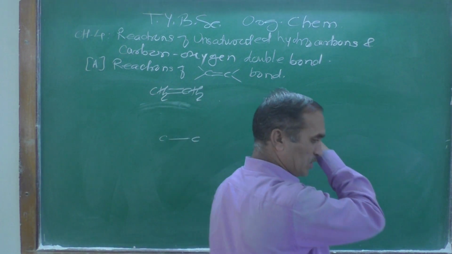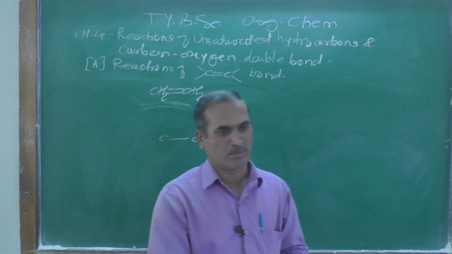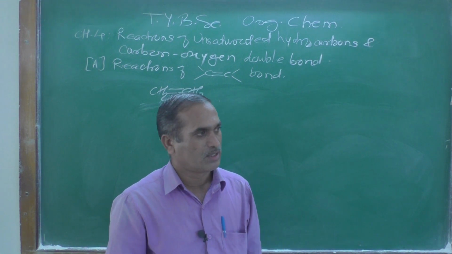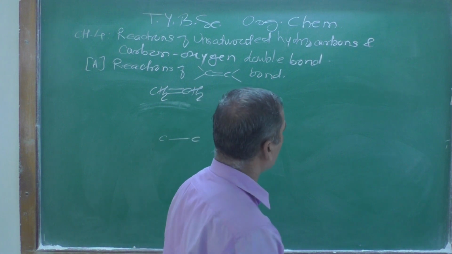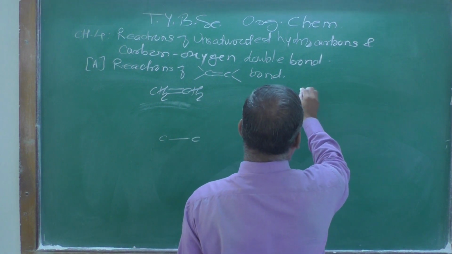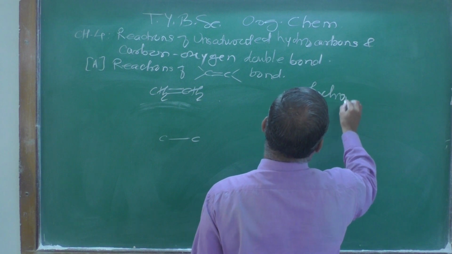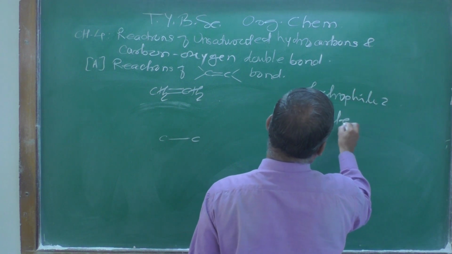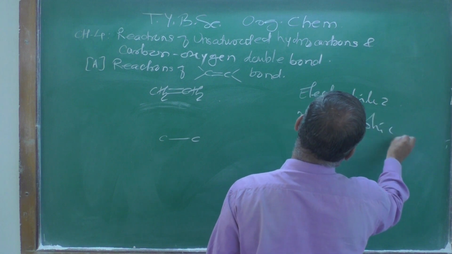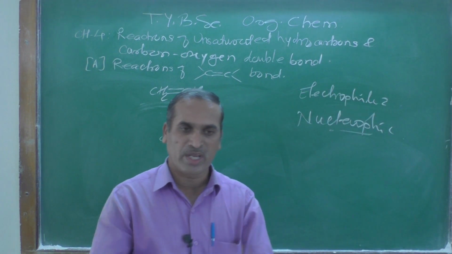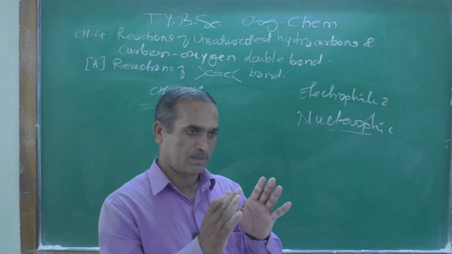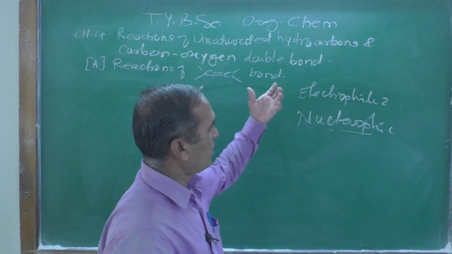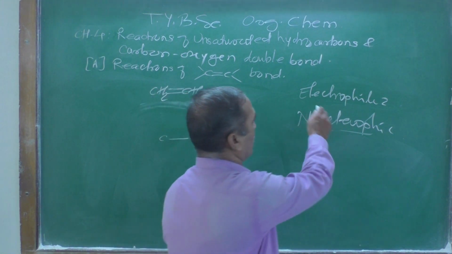Remember, these two terms in organic chemistry are highly important: one is electrophilic and the second is nucleophilic. These are very, very important from the organic chemist's point of view.